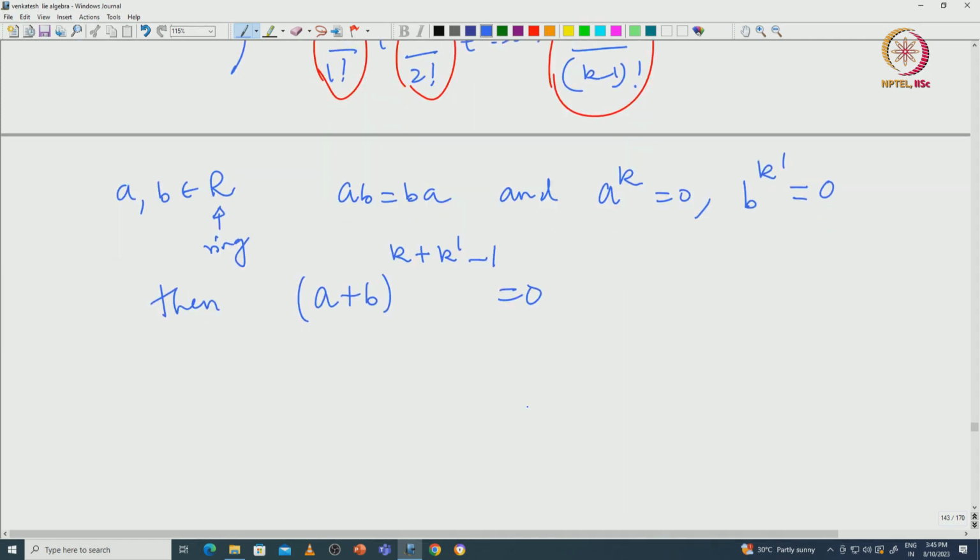This is just a direct consequence of the binomial expansion.